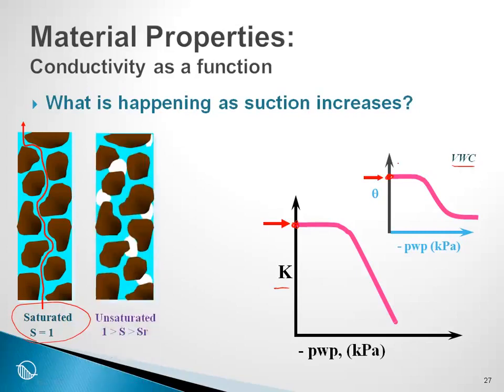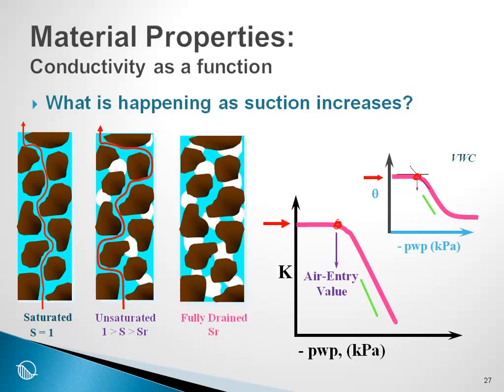Then when air begins to enter the sample, the degree of saturation is less than the saturated case, and so a droplet of water would have to take a more circuitous route through the sample, and in this case the difficulty starts when air begins to enter the sample, and then ultimately when the soil drains to the point where there is no continuous water path, then we reach the residual water content.